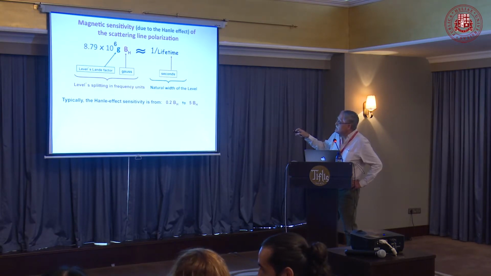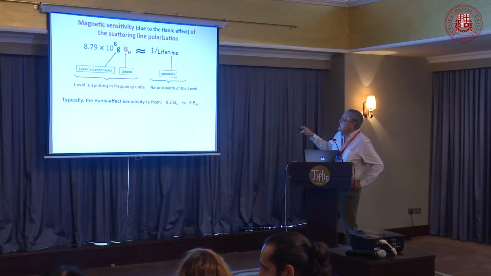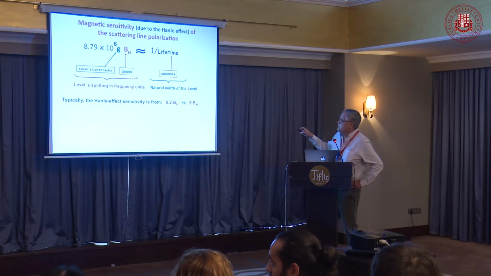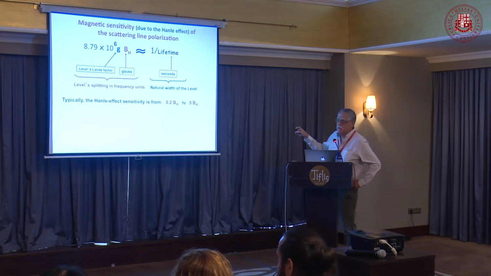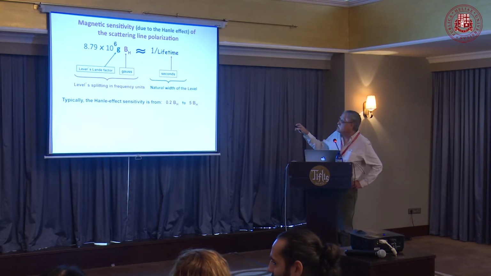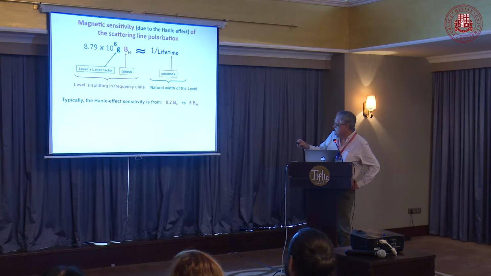This is where the Zeeman splitting of the upper level is similar to the natural width of the level. The natural width of the level doesn't depend on the temperature, so it doesn't matter if your atom is in the refrigerator of your house or in the corona, as compared with the Zeeman effect, which is compared with the Doppler width of the line.